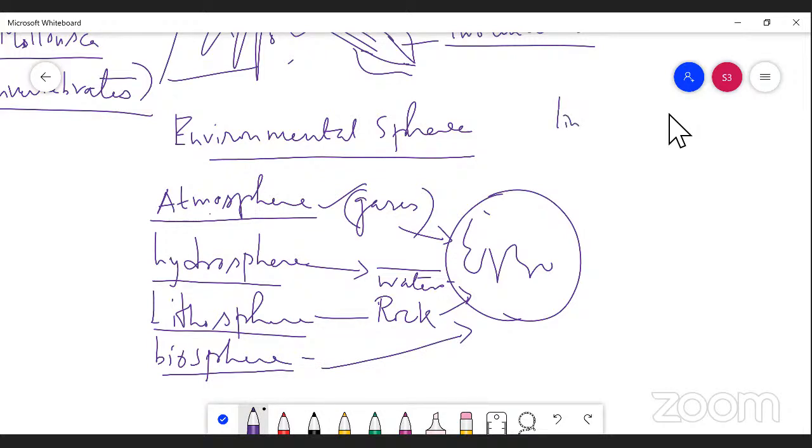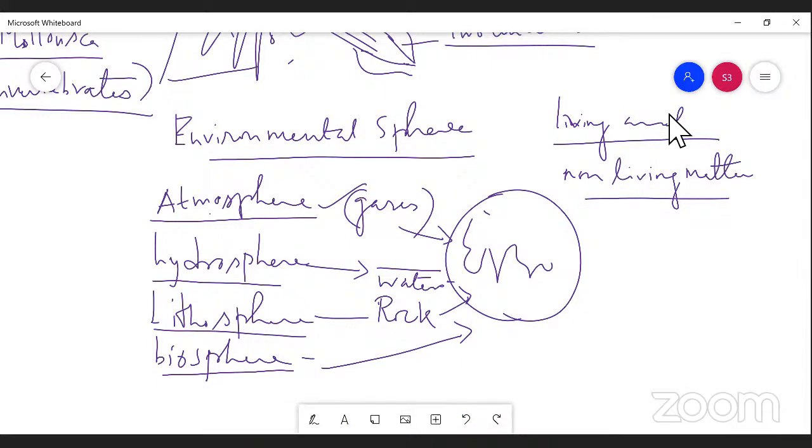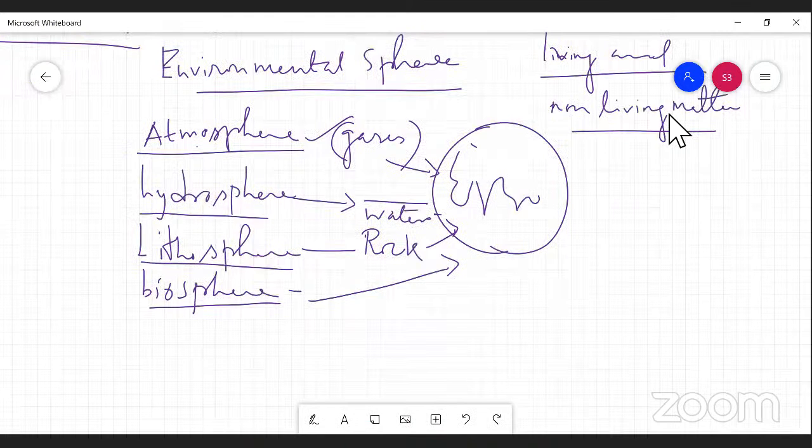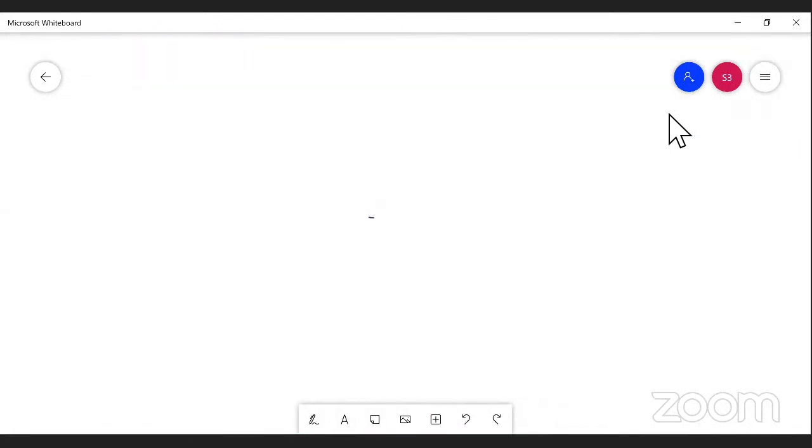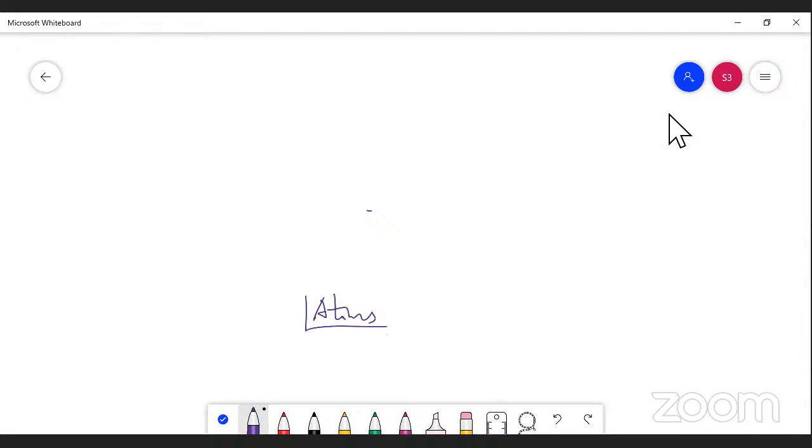What are the living and non-living matters? First, atoms, then molecules or compounds.